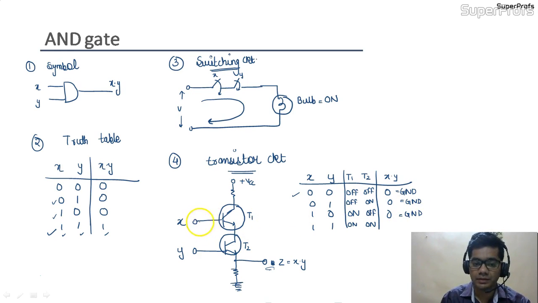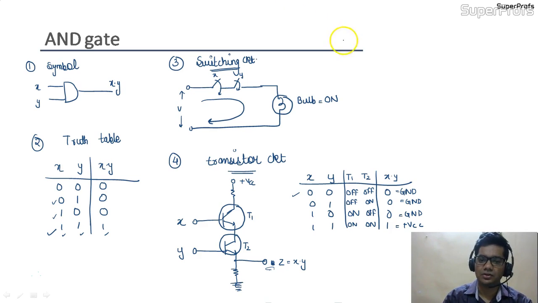But if both the inputs are 1, that is logic 1 or logic high level, both the transistors would be in on condition and there would be a flow of current. And if we consider an ideal transistor, the output would be 1, which is plus VCC. So this is the representation through symbol, truth table, switching circuit and transistor circuit for the AND gate.